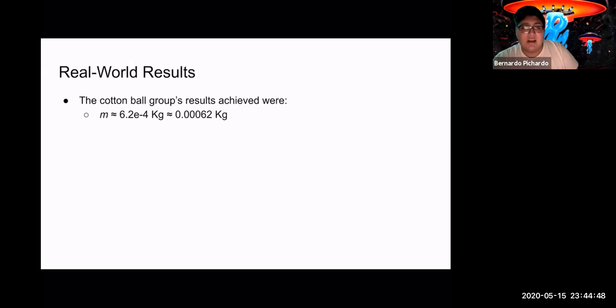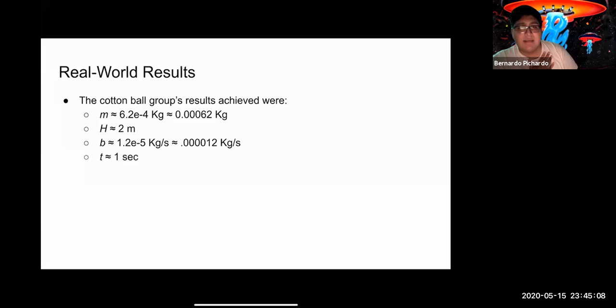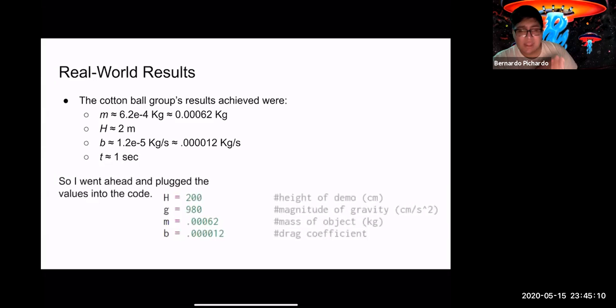The mass of the cotton ball, after using some research and our best guess, came out to 0.00062 kilograms. Our height was about 2 meters. Our drag coefficient was 0.00012 kilograms per second, and our time was 1 second. And this is what we plugged into the code as follows.